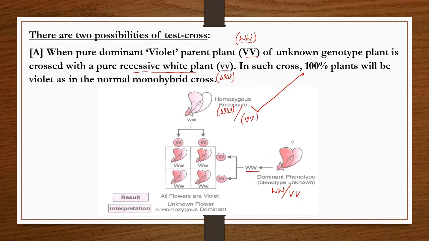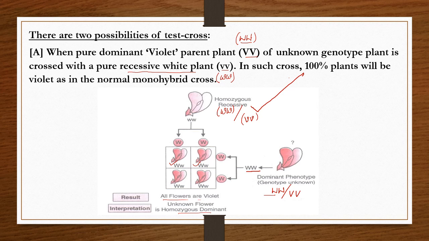Then these are the gametes: two gametes with capital W, and two gametes with small w. When this is crossed, all are heterozygous: capital W small w, capital W small w. Here capital W is the dominant gene for violet color. That's why in these offspring all are violet. So the result is all violet flowers, so the unknown flower is homozygous dominant.